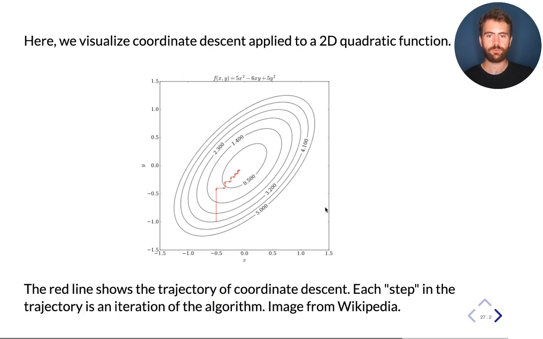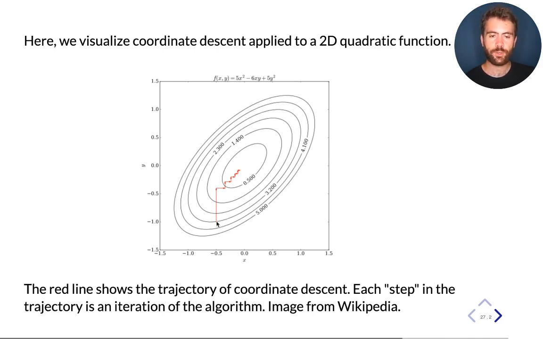Here is an example that visualizes this approach. This is from Wikipedia. Here I have a two-dimensional quadratic function, and you may recall from our earlier lectures that we can represent a quadratic function in two dimensions via its level curves. So these are the level curves. The two axes are the two input variables x and y to the quadratic function, and each line here is a set of points at which the function has the same value, and the minimum is in the middle. And here, this is the trajectory of coordinate descent.